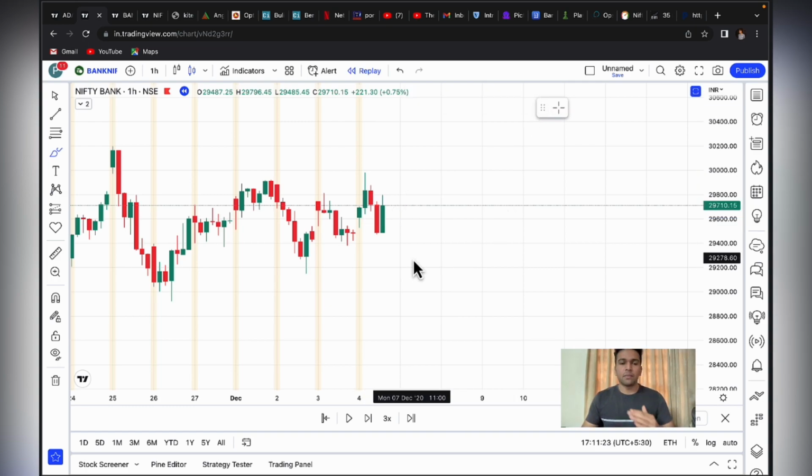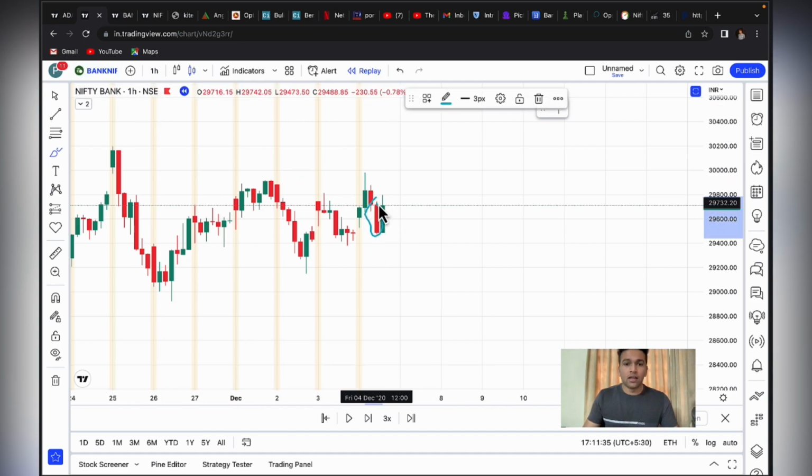So the psychology behind this candle is that the bears were in control the entire time. For example, we are on an hourly time frame in Bank Nifty. For this 1 hour, the bears were in absolute control in pushing the price down, and they were successful.